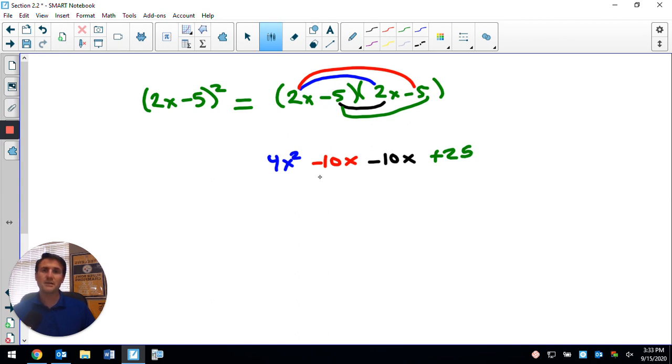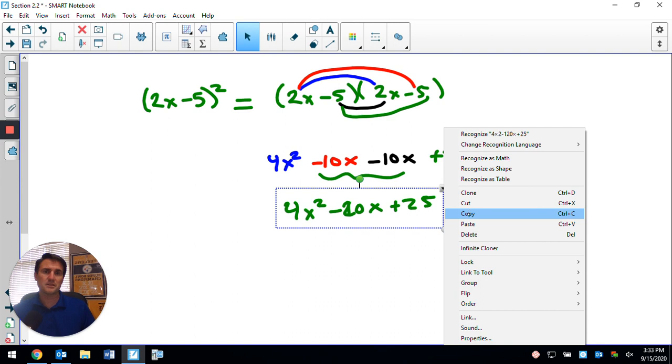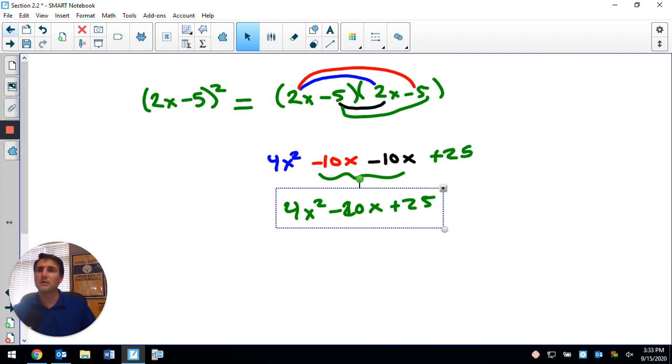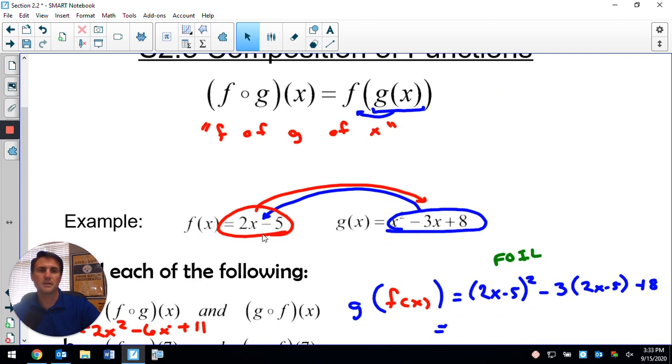We can combine these middle terms, and the result is 4x squared minus 20x plus 25. So that's what we're supposed to get when we FOIL this out. Let's go ahead and copy this, and let's take it back to our other problem here.